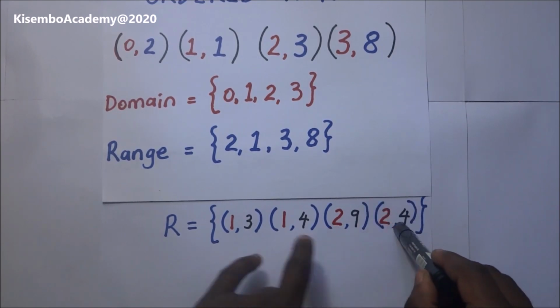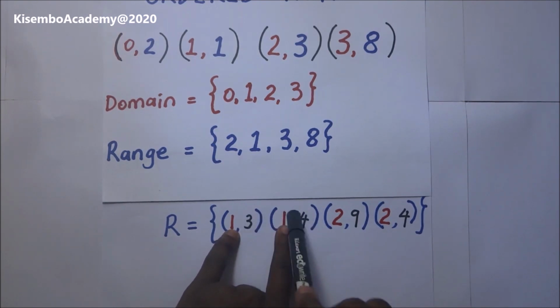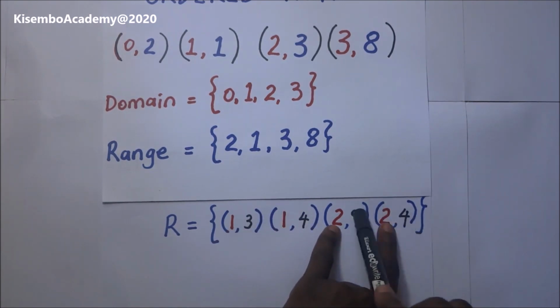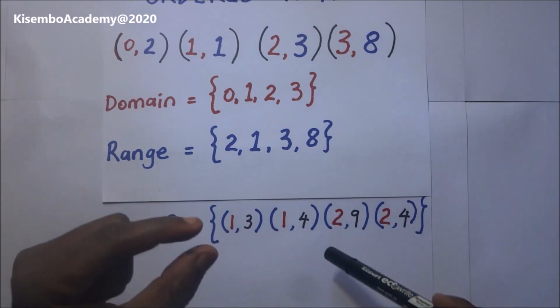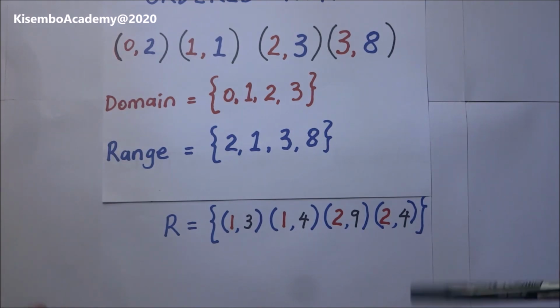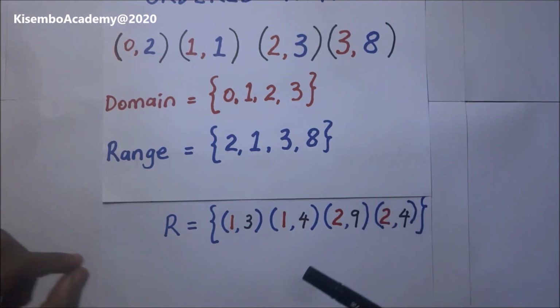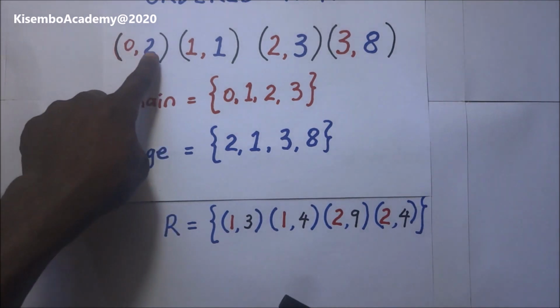Because one input is giving us 2 different outputs, this distorts the uniqueness of a function. What do I mean by the uniqueness of a function? The uniqueness of a function is such that one input is going to explicitly give us one output.